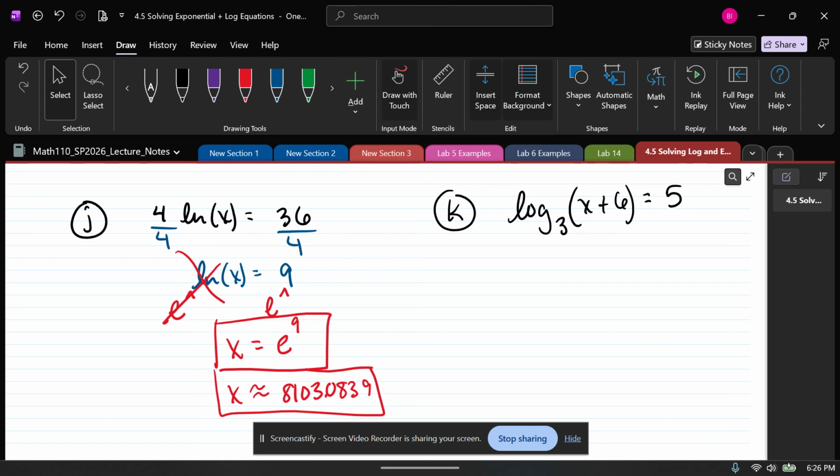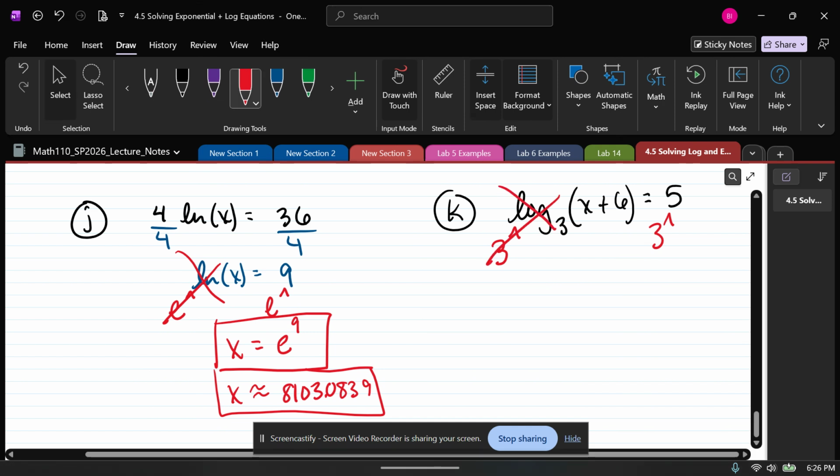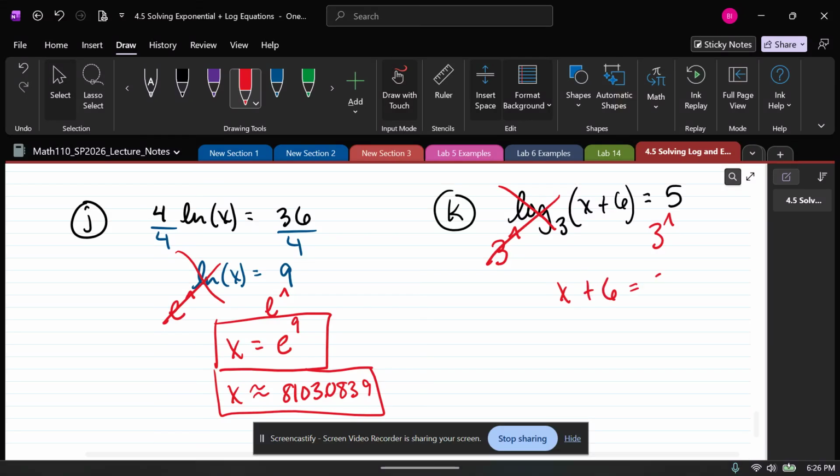So I'm going to exponentiate with the base of the logarithm. What's the base? 3. So I'm going to exponentiate with a base 3. What happens to the log base 3 and the base 3? They cancel each other out. That leaves me x plus 6 is equal to 3 to the 5th power.